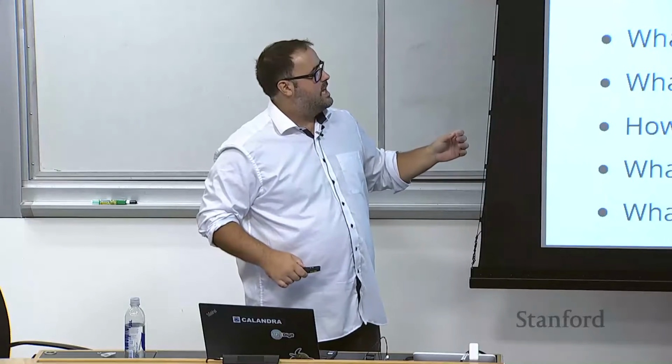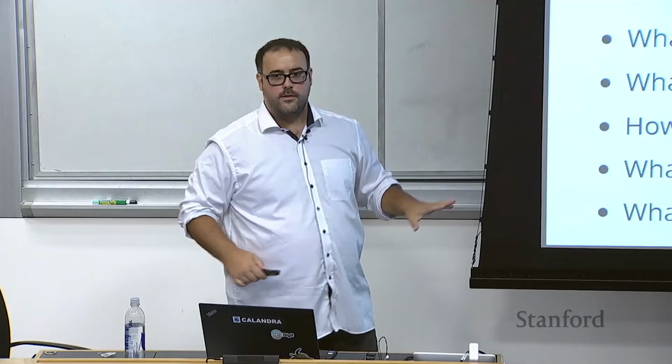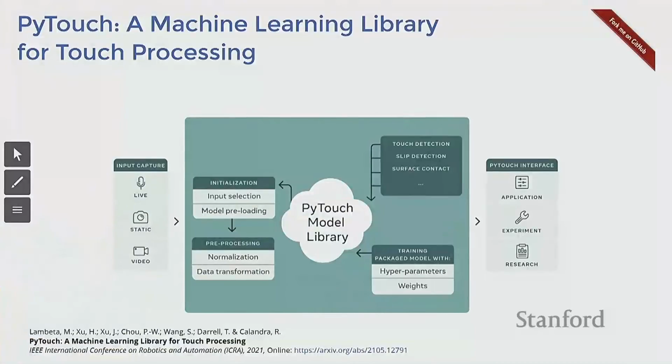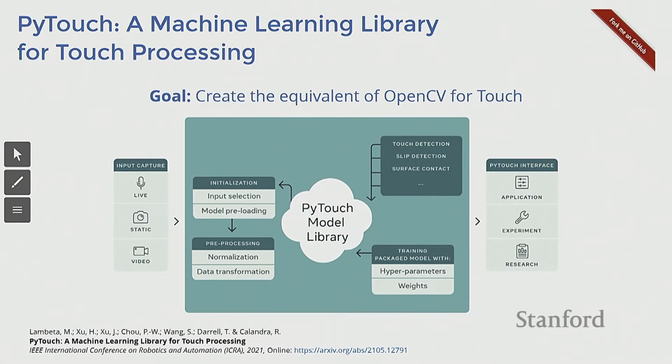And as a first step toward trying to answer these questions, we also open source a library which is called PyTouch, which is the first library dedicated to essentially touch processing using machine learning models. And the idea here is that we want to create the equivalent of OpenCV, but for touch rather than for vision.